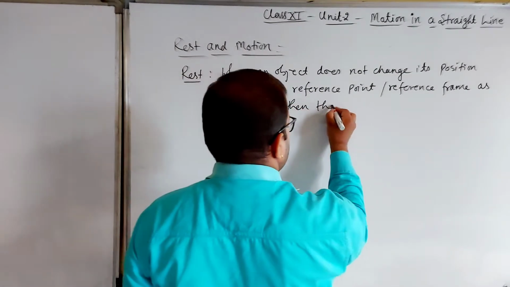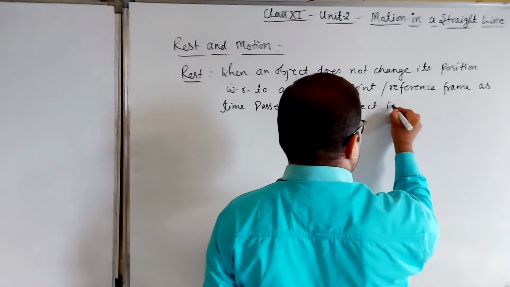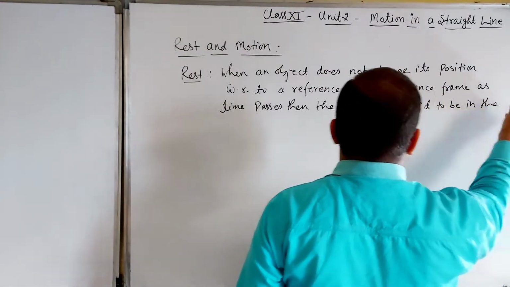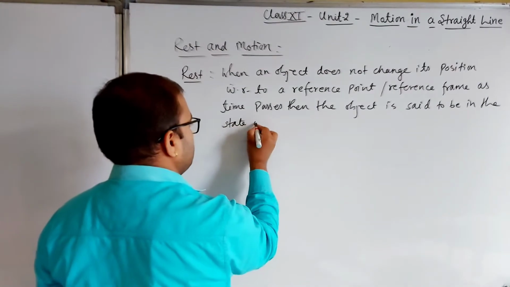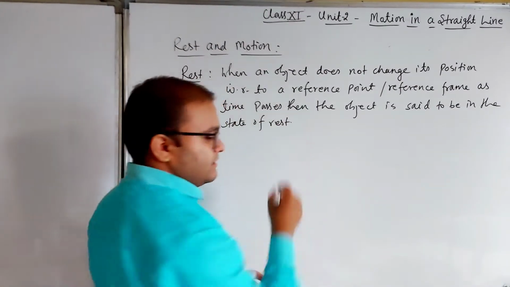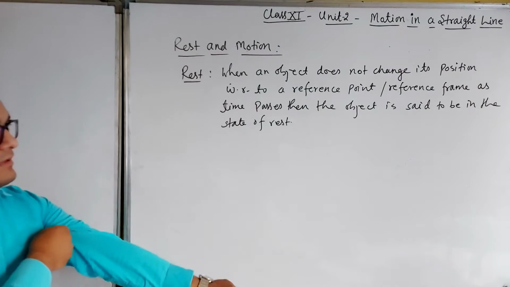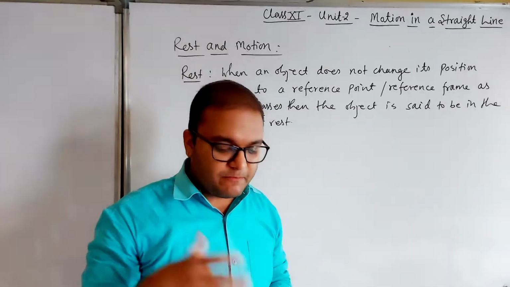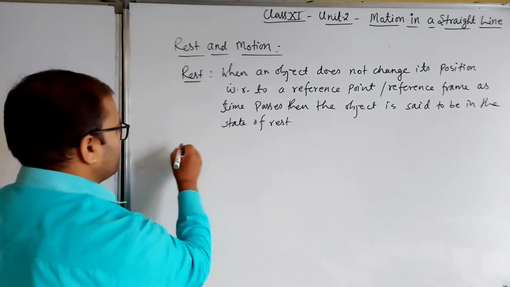Then the object is said to be in the state of rest. If an object is not changing its position with respect to any reference point as time passes, it is at rest.